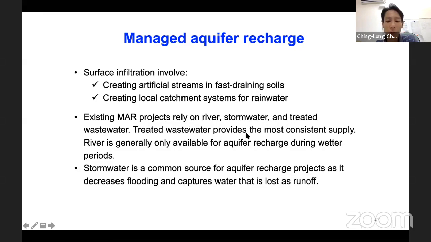The treated wastewater provides the most consistent supply. River water is generally only available for aquifer recharge during the winter period. Stormwater is a common source for aquifer recharge projects, as it decreases flooding and captures water that is lost as runoff.